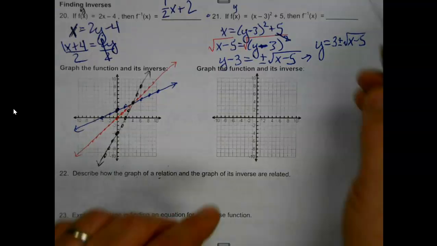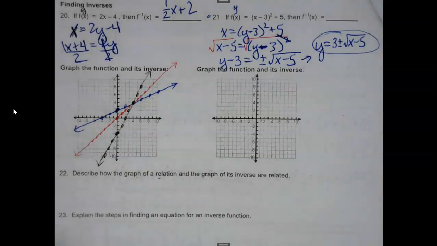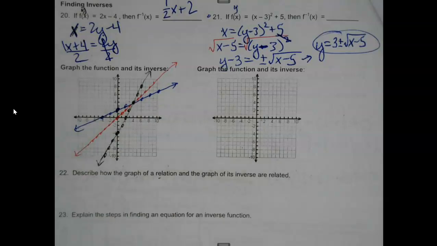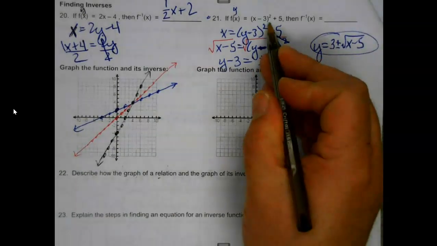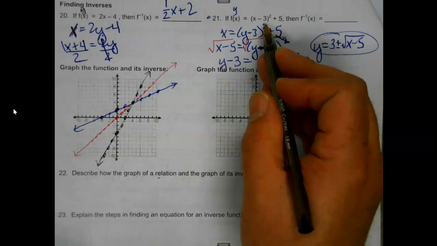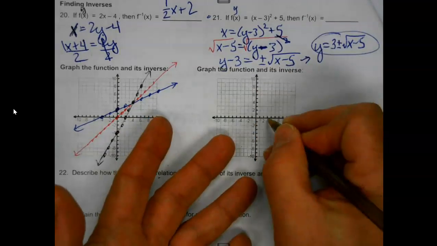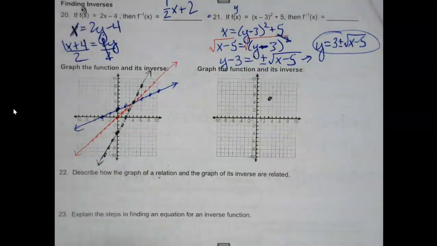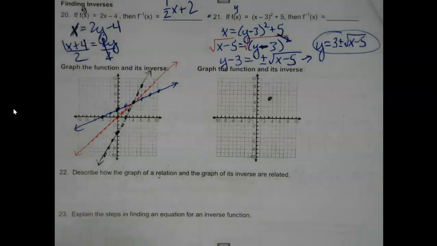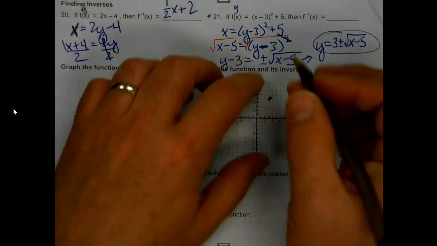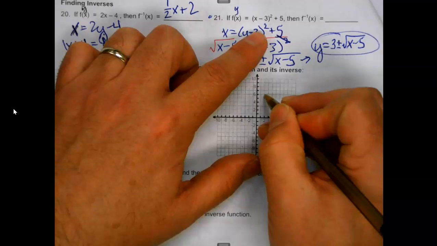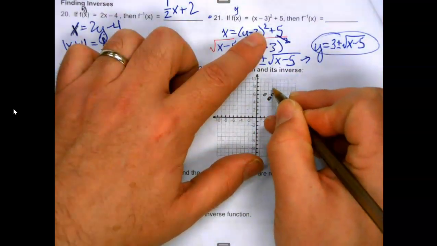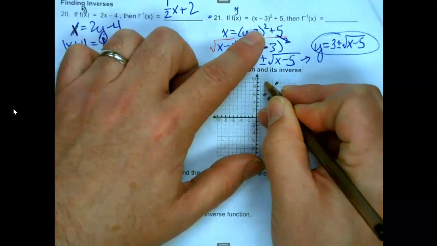So how in the heck am I going to graph this? We'll get to that in a moment. We're going to graph this first. You can go straight to the calculator if you want to. I'm not, because I'm like, this is in vertex form. I can do this. So 3, 5. There's my first point. Then if I use my pattern, oh dear, the pattern. 1, 1, 2, 3, 1, 1, 2, 3, 1.